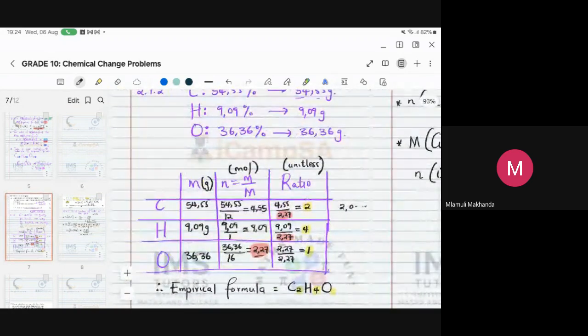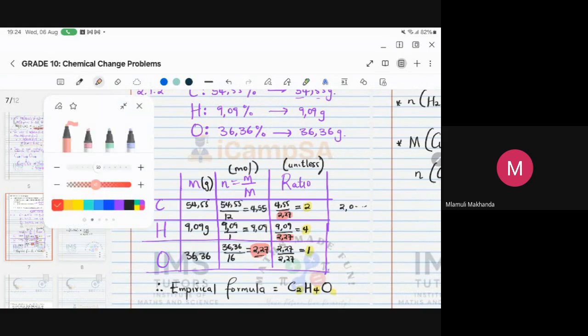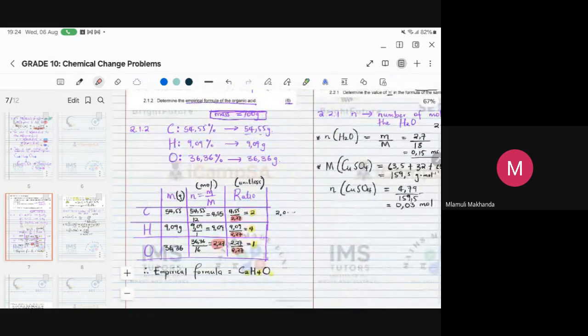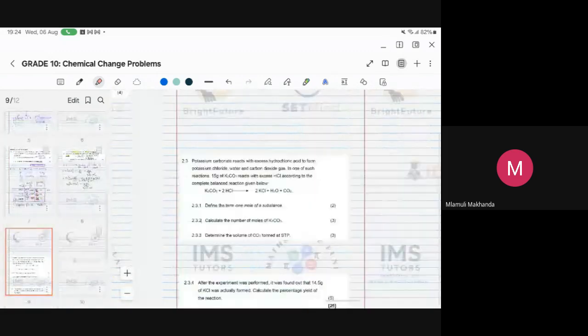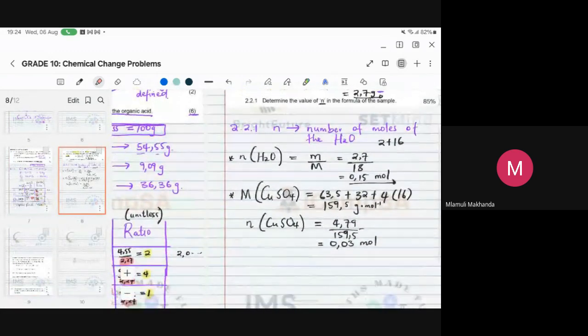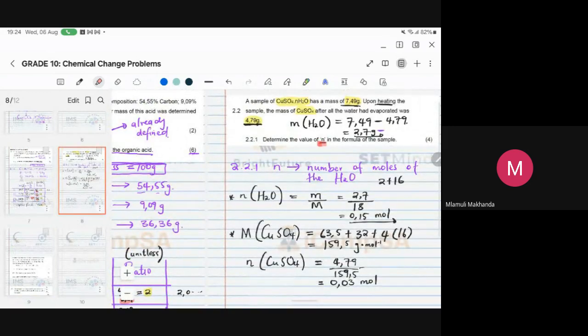We took the smallest number of moles and divided the other moles in the substance by it, so that we can find these subscripts that define how many atoms of that element make up the whole compound. So the same thing we have to do here to find our N.